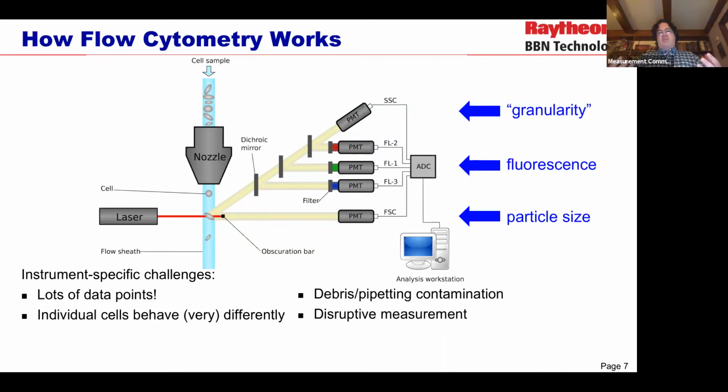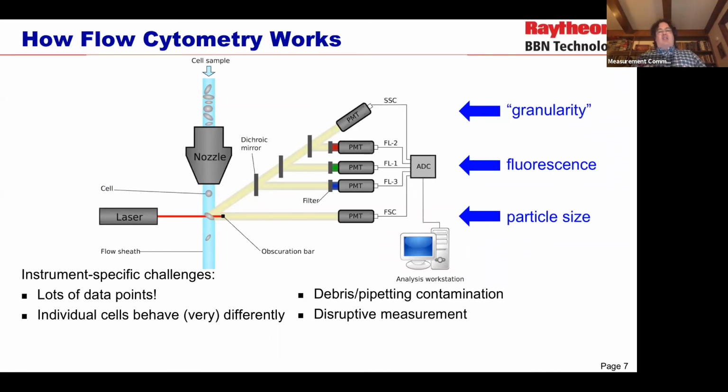As I noted, it is a disruptive measurement because these cells are not sitting nicely in the colony where they were before. Especially if you've got adherent cells, you got to break them off the colony floor or walls, and the cells will get unhappy about that. So you basically have to throw away anything that went through the flow cytometer.